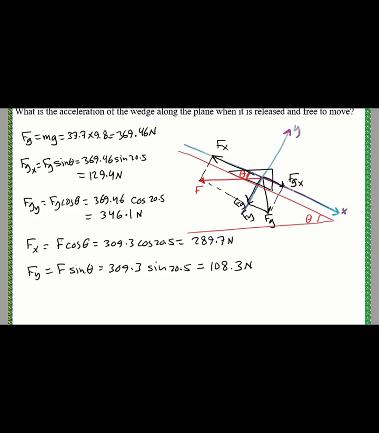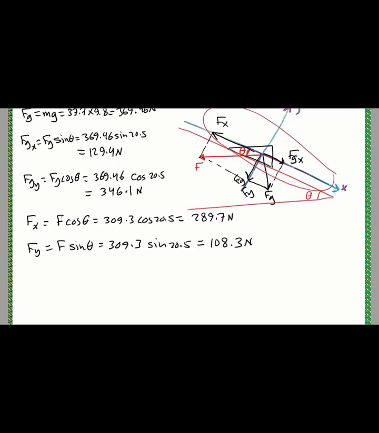Now we need to compare the forces parallel to the surface with each other to see where the motion is. Look, Fx equals 289.7, while Fgx equals 129.